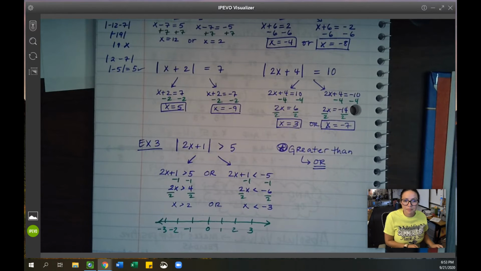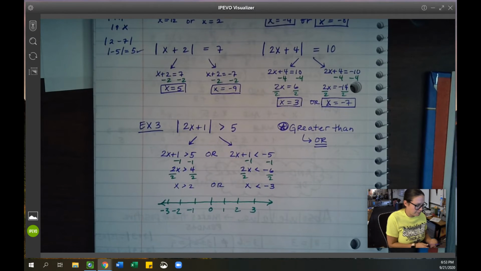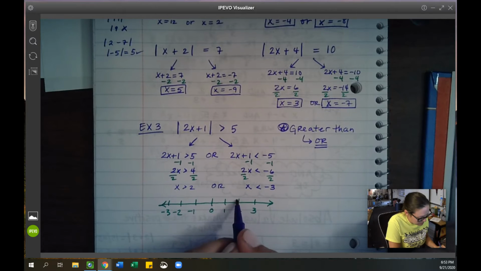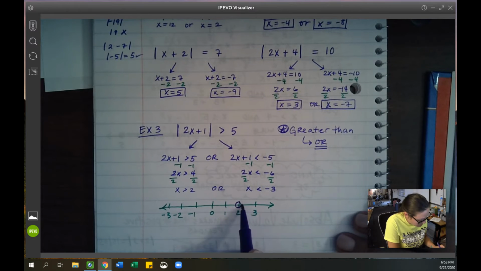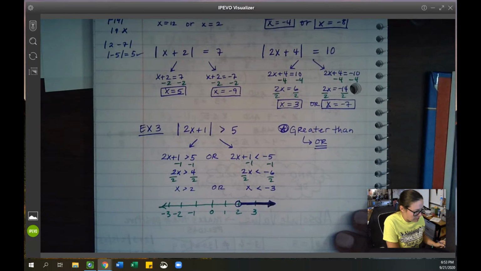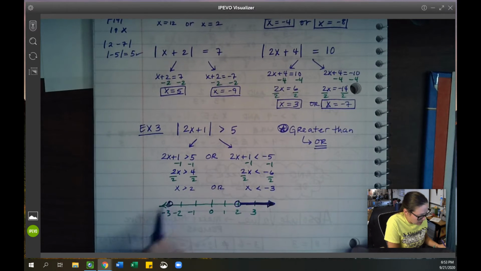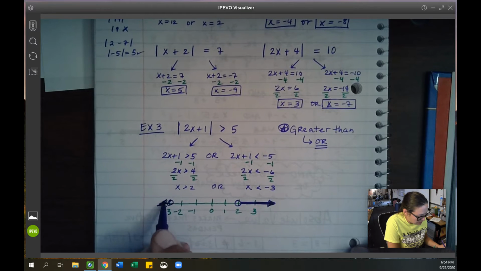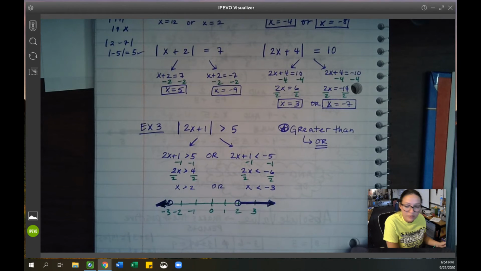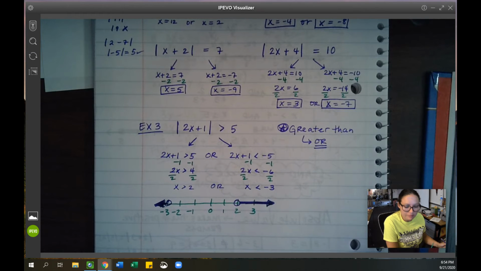Squeeze it in on the end there. X is greater than 2. Open circle at 2. Shade to the right. X is less than negative 3. Open circle. Shade that tiny little bit I have left to the left. And there we go. We're done.